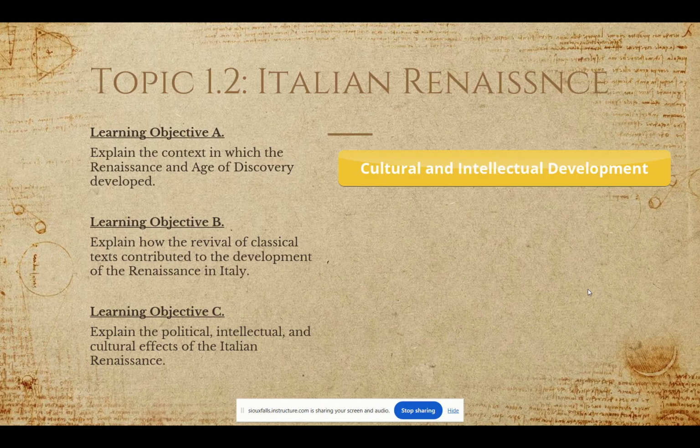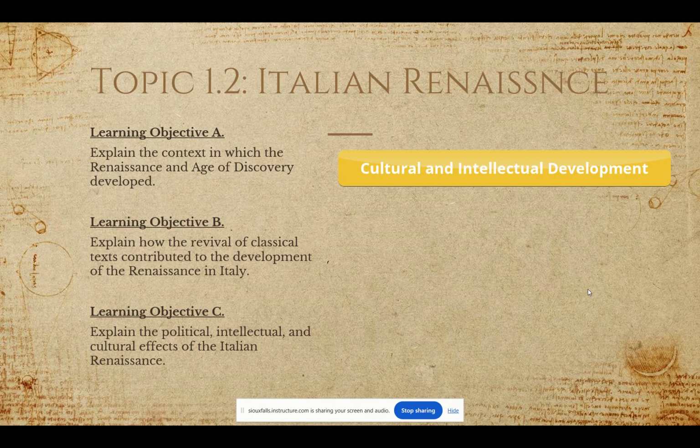Okay? So here are our objectives the next 2 days. We want to explain the context in which the Renaissance and the Age of Discovery developed. We actually already started that, right? Those posters on the wall. Learning objective B, explain how the revival of classical texts contributed to the development of the Renaissance in Italy.